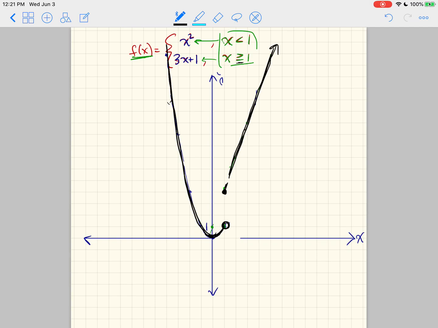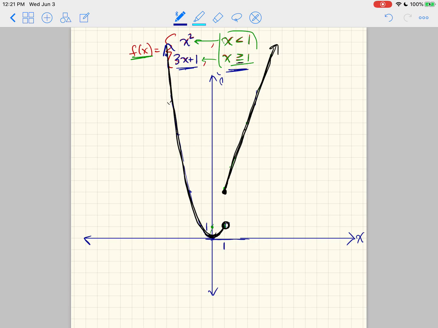So this is part of my graph right here. This is part of my graph right there. The axis is part of my graph, and the label of the scale. So this is actually what my piecewise function looks like. And you can see it's the what is happening and the where it's happening.